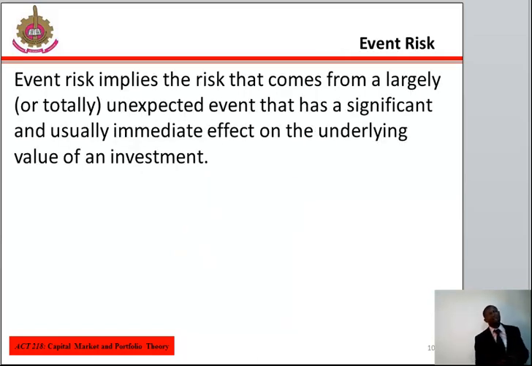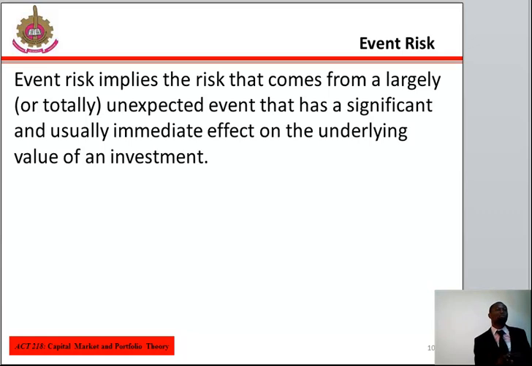Event risk. Event risk implies the risk that comes from a large or totally unexpected event that has a significant and unusually immediate effect on the underlying value of an investment. This risk occurs when something happens to a company or property that has a sudden and substantial impact on its financial condition.